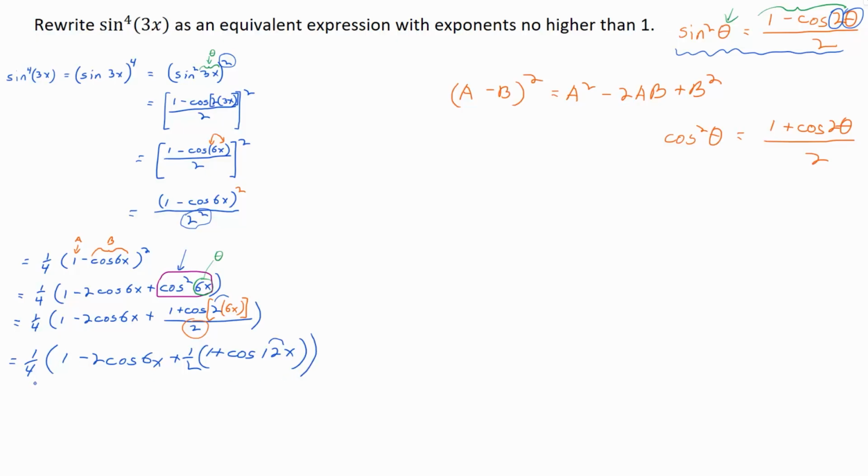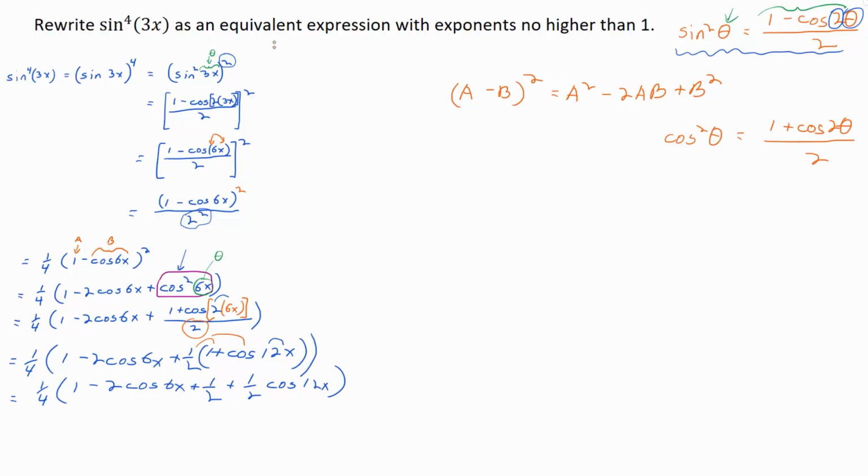And then, how did they write it at the end of the book? They probably multiplied out the 1/4, but before you do that, rewrite the inside as 1 minus 2 cosine 6x and distribute this 1/2 to get plus 1/2 times 1, which is 1/2, plus 1/2 times cosine of 12x.